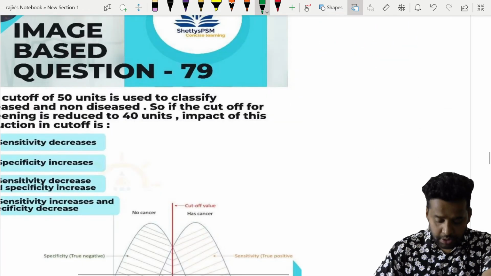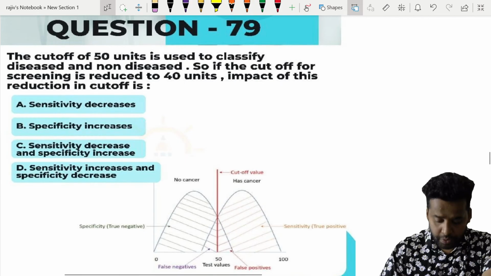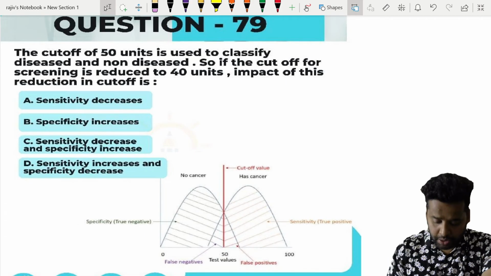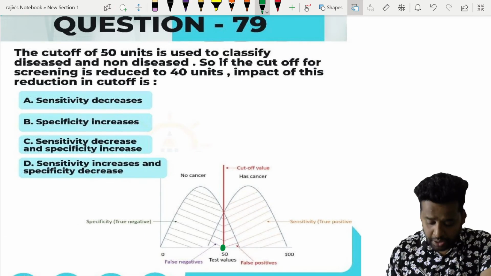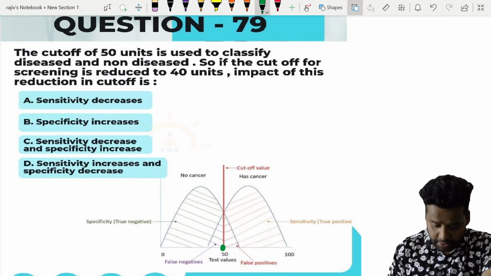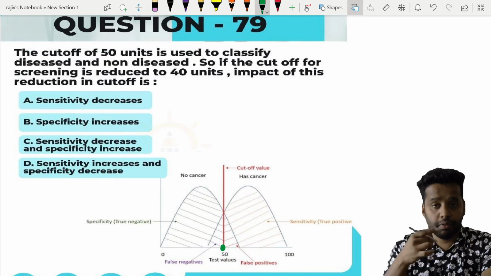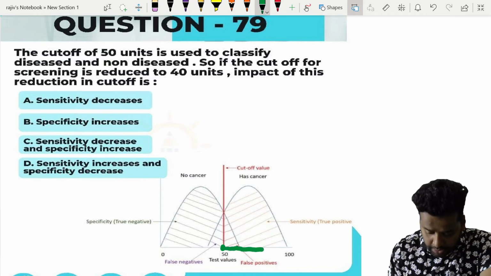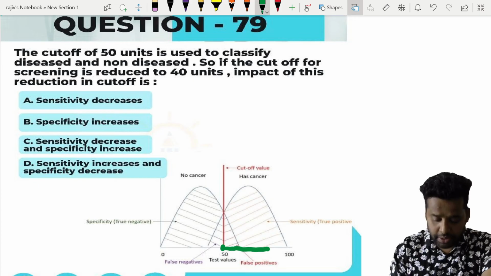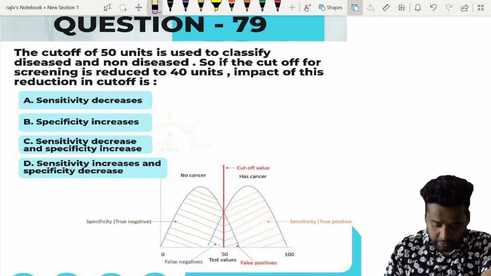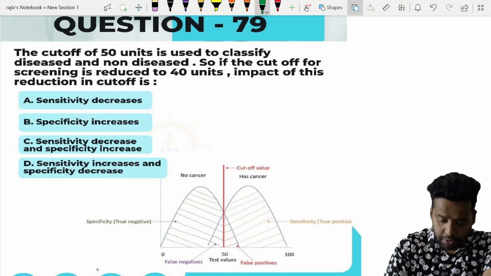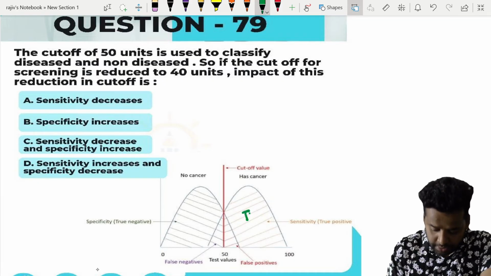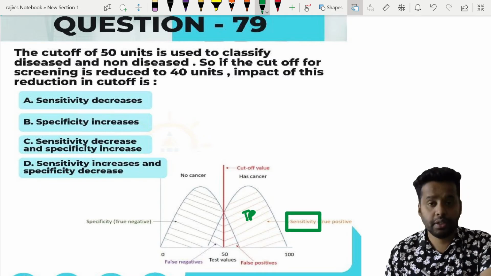See here, very important thing. If I am keeping a cutoff at 50, and these patients have the disease, cancer, and anyone who has a value of more than 50 as per your screening test is classified as disease, true positives, and that is the sensitivity of this test.